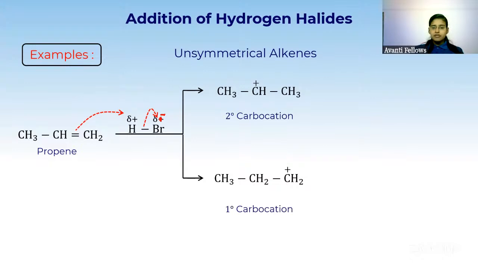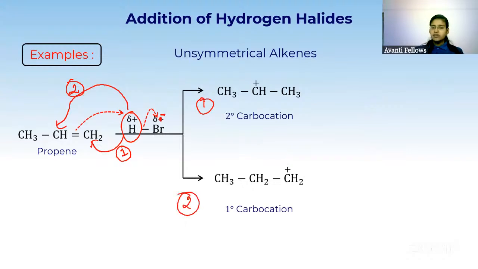So if this hydrogen goes to the first carbon, let me take this as 1, this is intermediate 1. And if the hydrogen goes to this carbon, this is the second intermediate. I will get two different types of intermediate from this reaction.